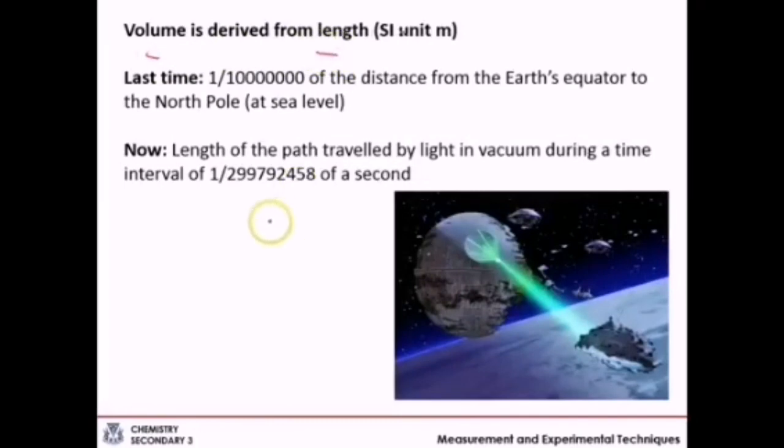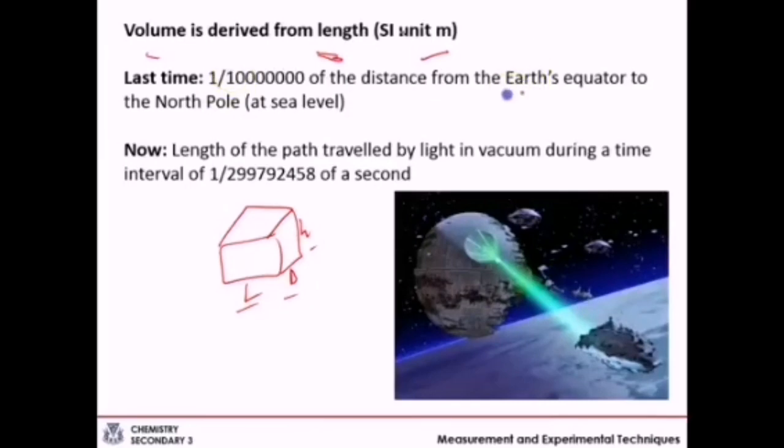Now volume is derived from length. The unit is meter. In the old definition, the meter was 1/10 million of the distance from the Earth's equator to the North Pole at sea level.